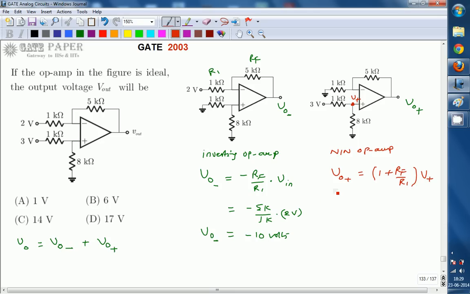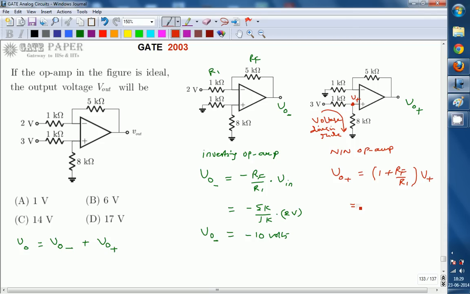V plus is the voltage at the non-inverting terminal, which you can calculate by using KVL or the voltage division rule. The 3 volts is applied across 1 kilo ohm and 8 kilo ohms, and the voltage across the 8 kilo ohms is V plus. Since no current flows through the non-inverting terminal, the total 3 volts divides across 1k and 8k.